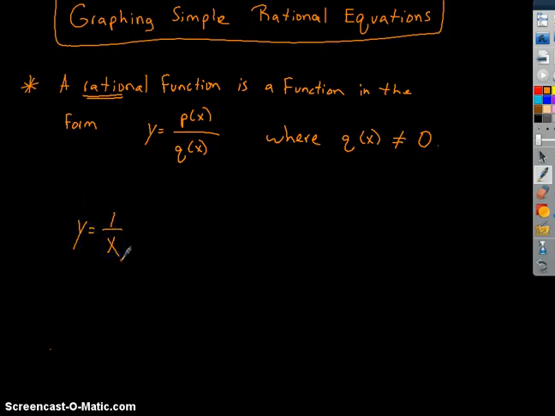It's a rational expression because unique things happen here. For one, in this equation, y equals 1 over x, x has limitations. x cannot be 0. x can be any number except 0, meaning that the domain of this function is all real numbers except 0.